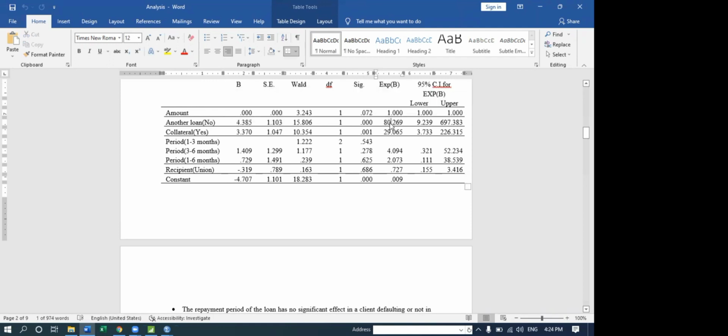Now, because exponent of b is up to 80, which is more than 2, I will take the inverse of it. Normally, I'm supposed to compare no against yes. But comparing no against yes, the value here is so high. So I will have to take the inverse. Taking the inverse means I will now compare yes against no. Follow me.